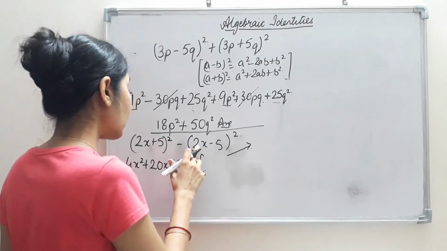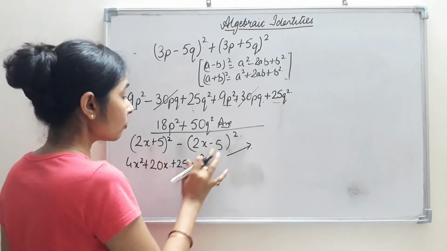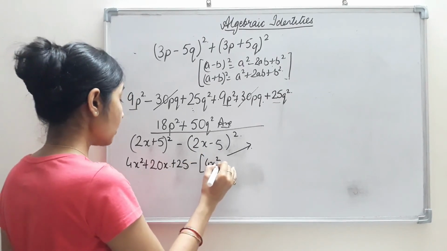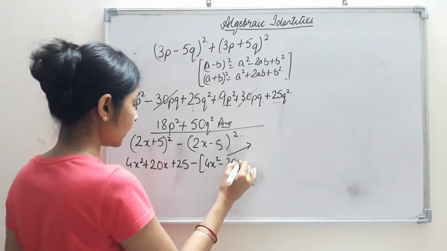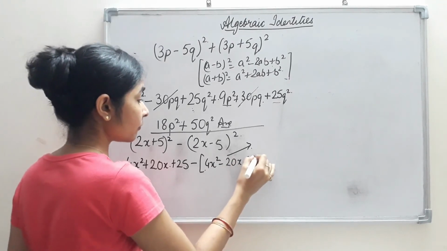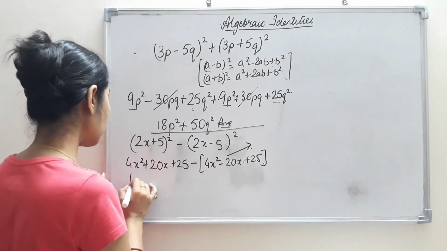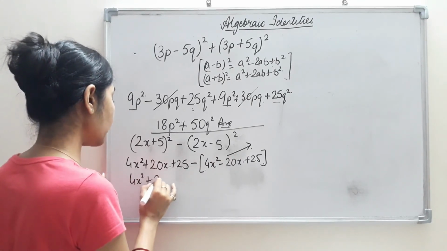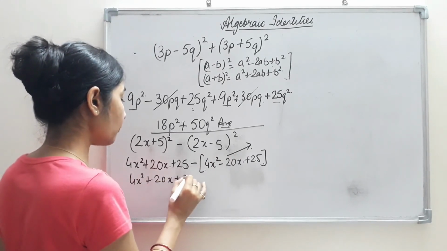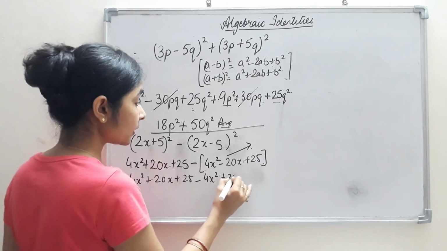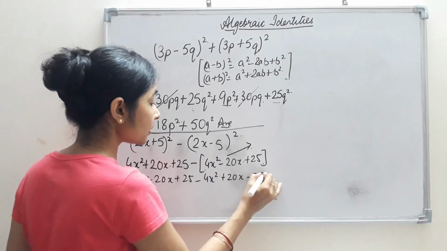Again the same terms we will get here, only minus 2ab we are going to get. So 4x square minus 20x plus 25. Now when we open the bracket, the signs change: 4x square plus 20x plus 25 minus 4x square plus 20x minus 25.